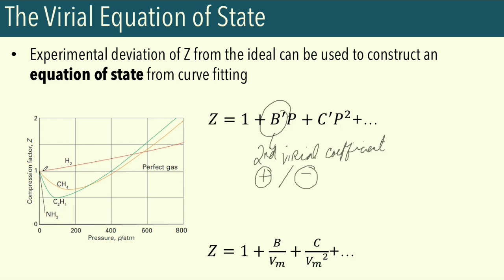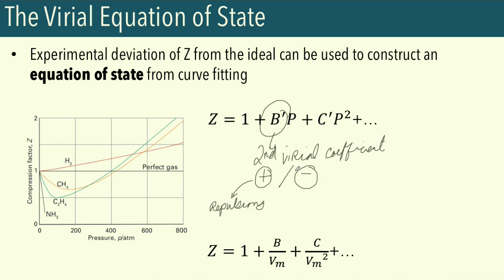So if B is positive, this is when repulsions dominate. We will have a curve very similar to hydrogen gas over here, an upward shaped curve without any dip.